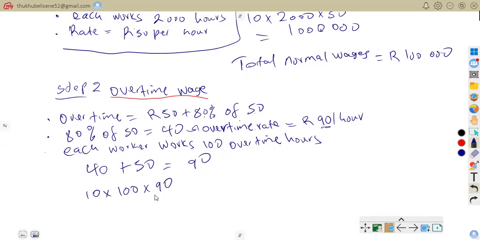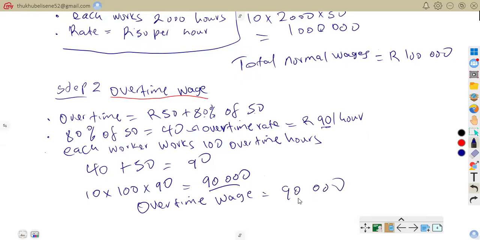So 90 is our overtime rate. So how much do we get when you multiply that? We get 90,000. So our 90,000 is our overtime wage. The overtime wage is equal to 90,000.